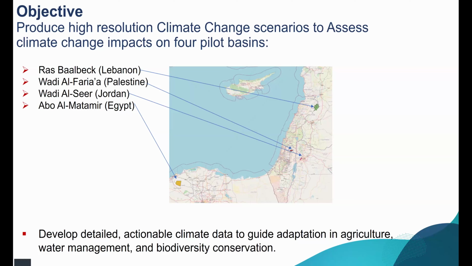So by generating high-resolution projections for temperature and rainfall, we aim to provide actionable climate data to support adaptation strategies in water management and biodiversity conservation. Ultimately, the insights and data produced through this effort will enable modelers to drive hydrological or crop or ecological models to simulate local climate impacts more accurately.